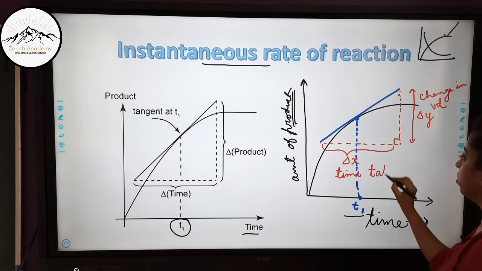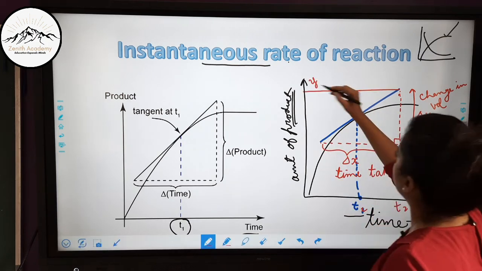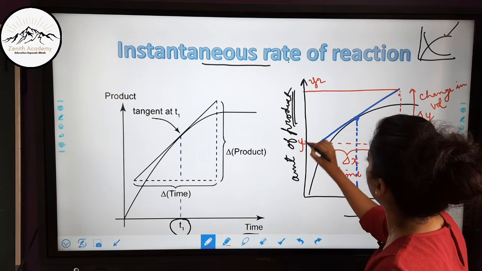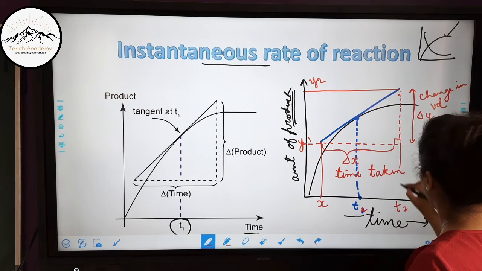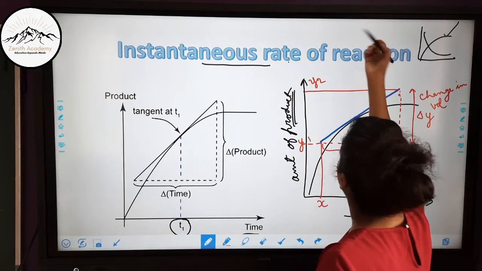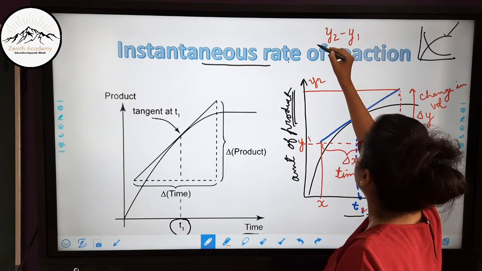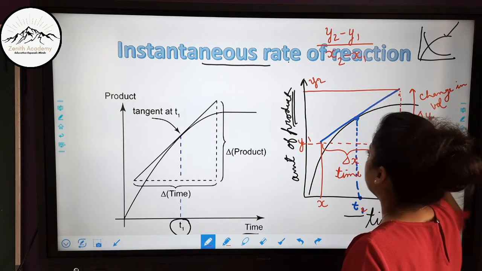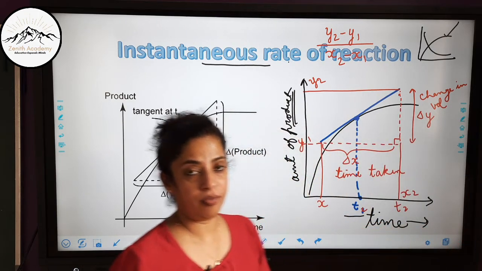Delta represents change. Suppose this is y2 and this is y1, and this is x1 and this is x2. So gradient or slope or rate will be y2 minus y1 divided by x2 minus x1. By dividing these two quantities, we get the rate of reaction.